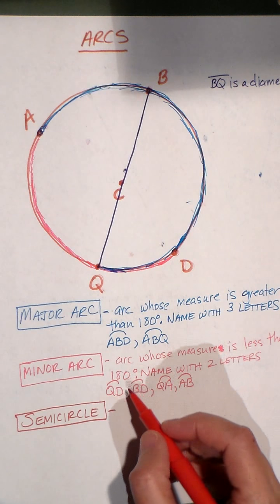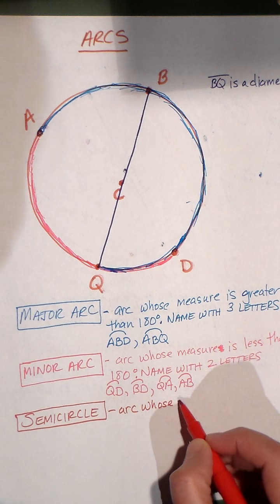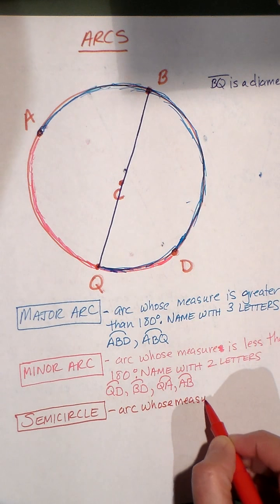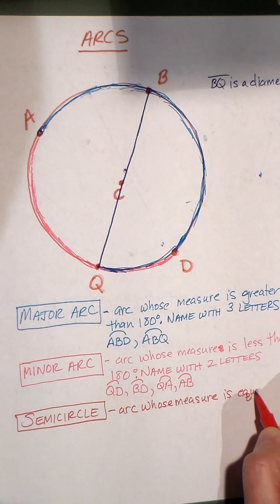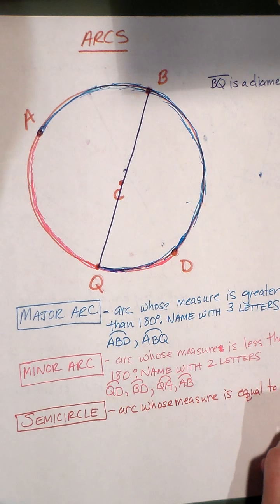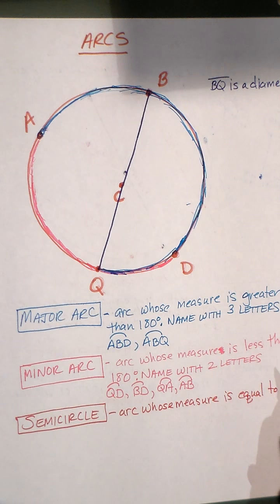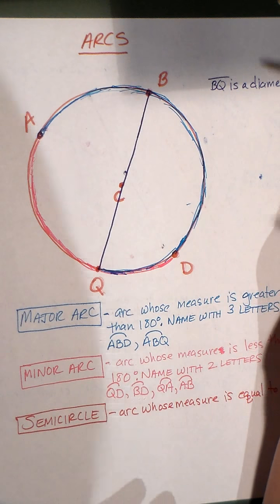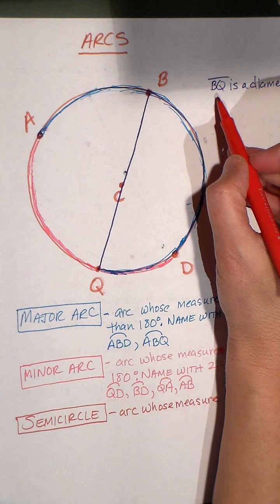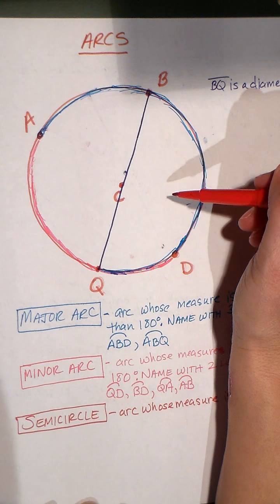The last one is a semicircle, and that's an arc whose measure is equal to 180 degrees. So a semicircle is basically half the circle as far as arc measures go. In order to establish a semicircle, you have to know that there's a diameter there, because the diameter is what creates 2 semicircles.